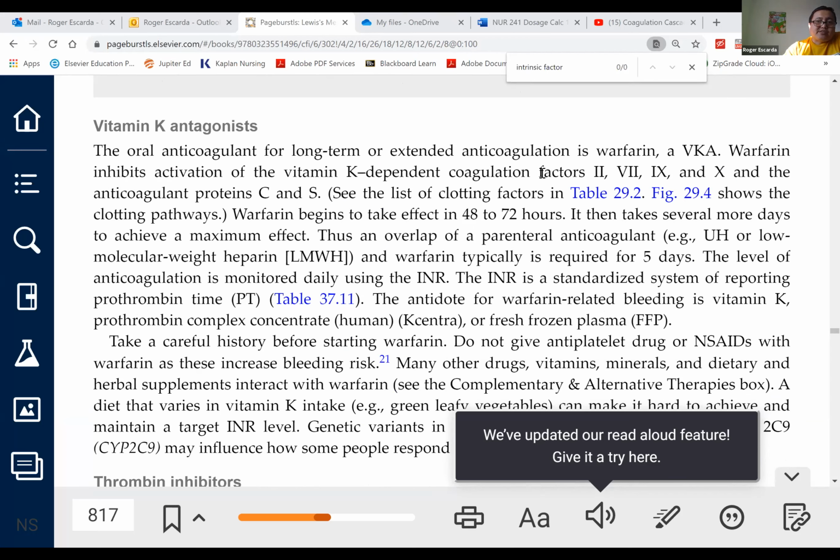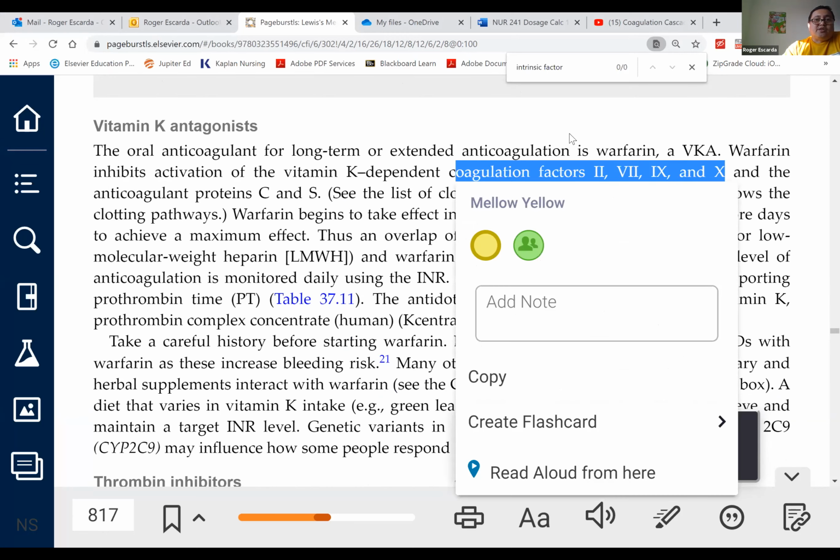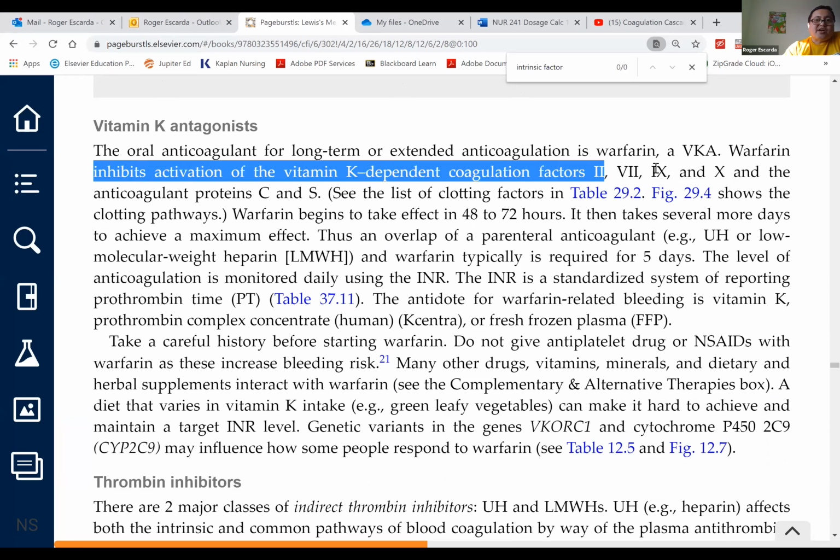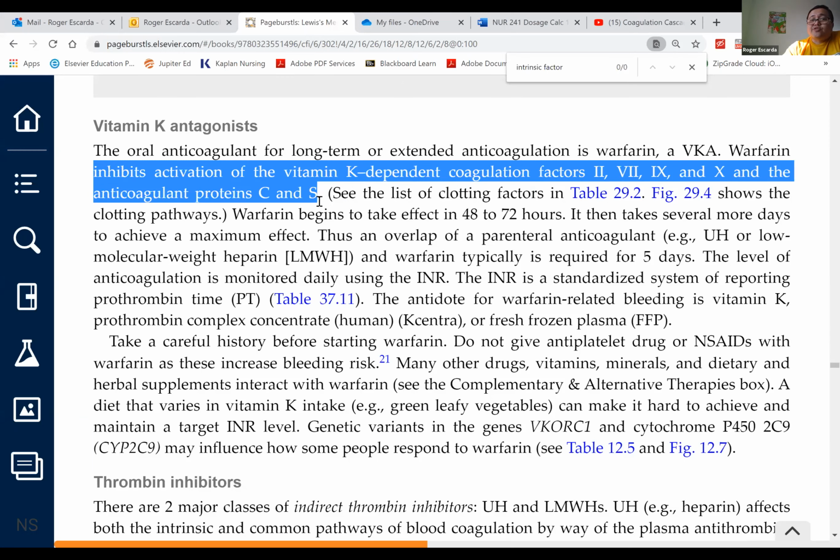So if you already have these clotting factors in the plasma, can warfarin affect those? I guess, yes. No, because they only inhibits activation of these. If they're already activated, meaning they're already in the plasma circulating, can warfarin affect those?